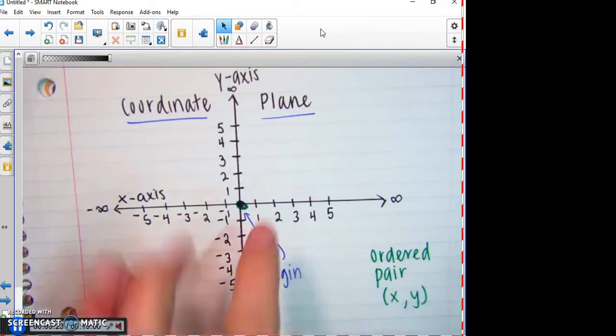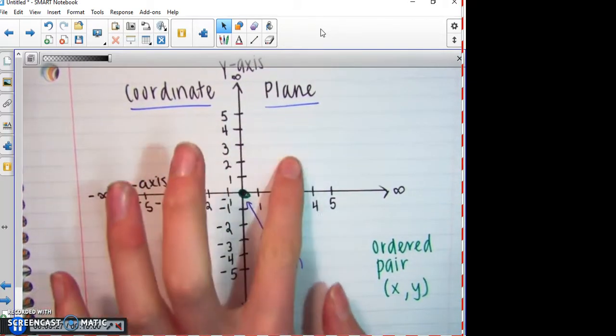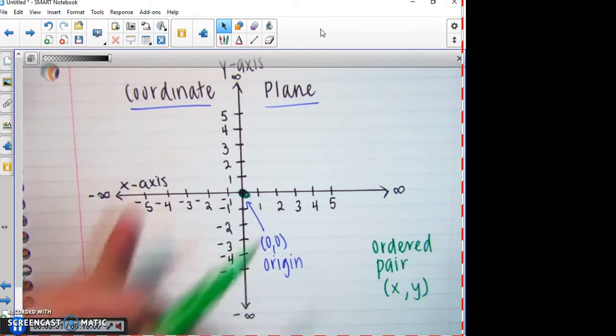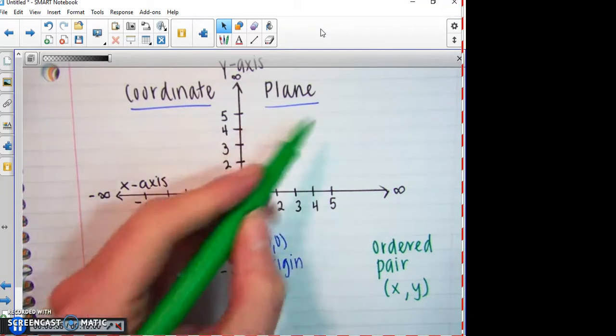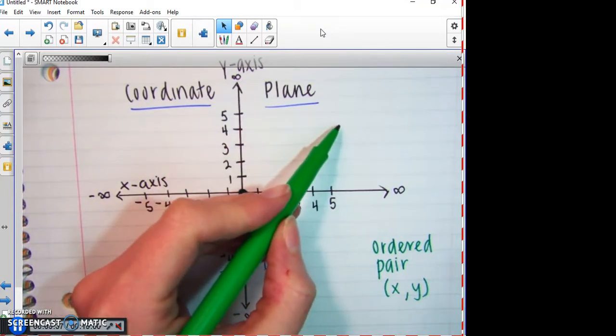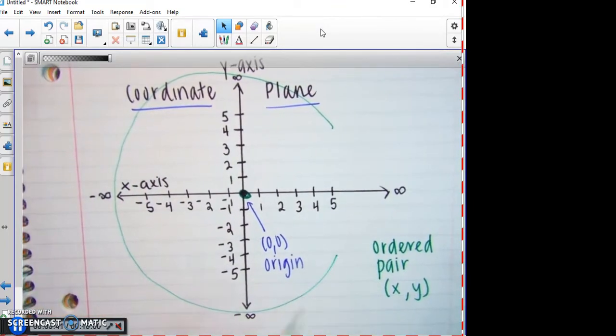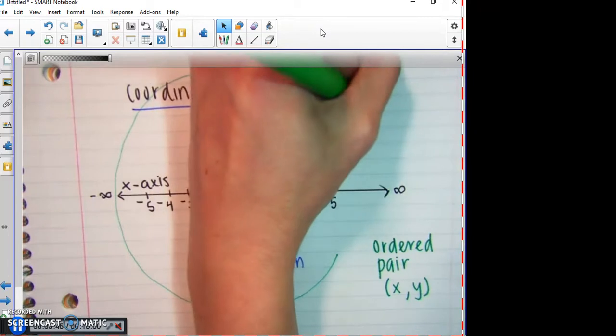So our coordinate plane is broken down into 4 quadrants, 1, 2, 3, 4. And I don't know if you've ever had a teacher that's used this method where it's a big C. They just draw a big C for coordinate plane, but that actually tells us where our quadrants are. So to draw a C, we're going to start here and move all the way and end there. So what that means is where we start, this is quadrant 1.